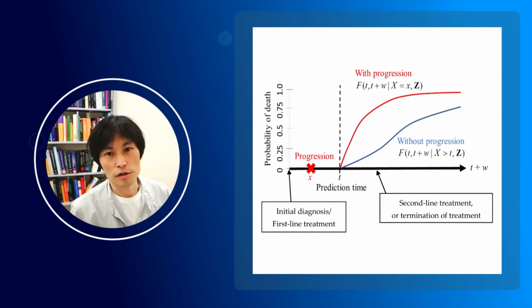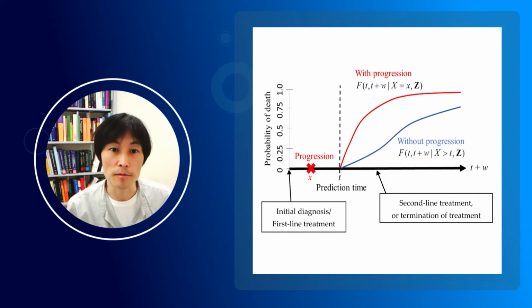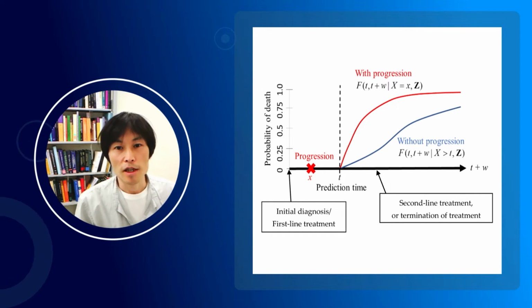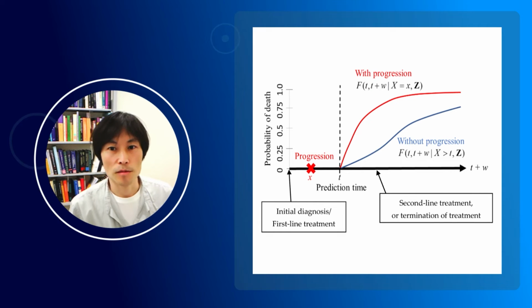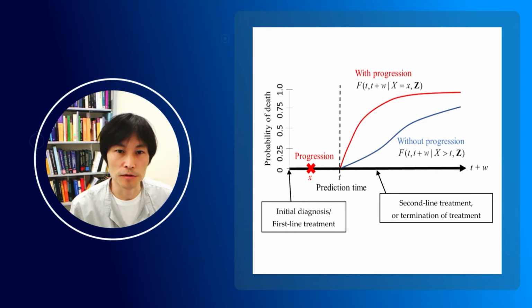To implement the dynamic risk prediction, we estimate the probability of death at a prediction time t that is placed after the first-line treatment. Then we can understand how the risk of death evolves over time.